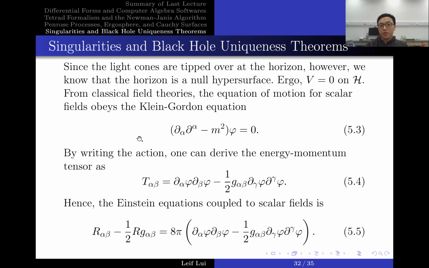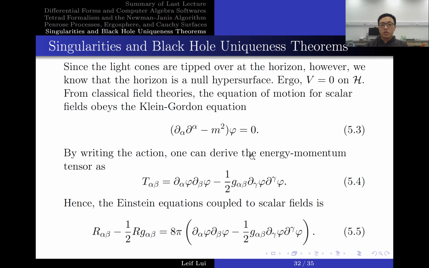So for classical field theories, the equation of motion for scalar fields obeys the Klein-Gordon equation, which is given by the following. So this is the d'Alembertian or the wave operator, minus m squared. So this is still a homogeneous differential equation, but it has this extra term.